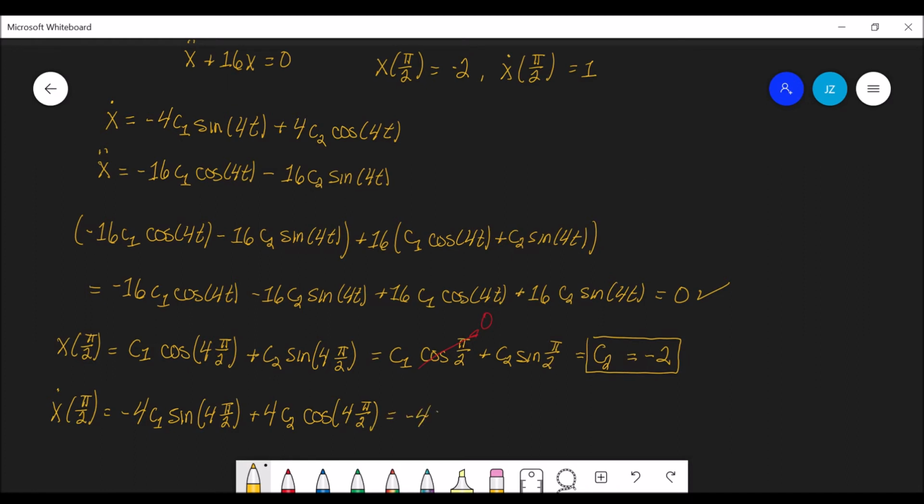So we get negative 4 C1 sine of pi over 2 plus 4 C2 cosine of pi over 2. Now again, cosine of pi over 2 is 0. So this becomes negative 4 C1 times sine of pi over 2, which is 1, and it has to equal 1. And so C1 is negative 1/4.